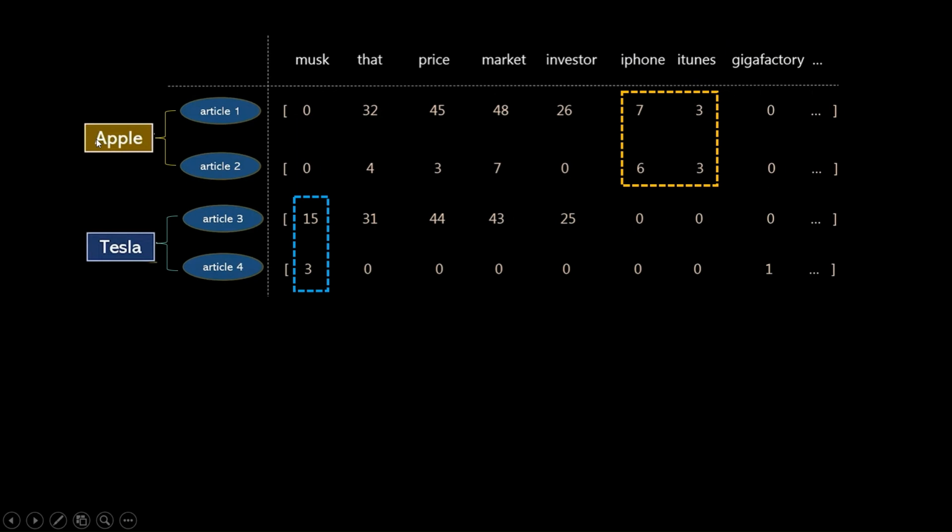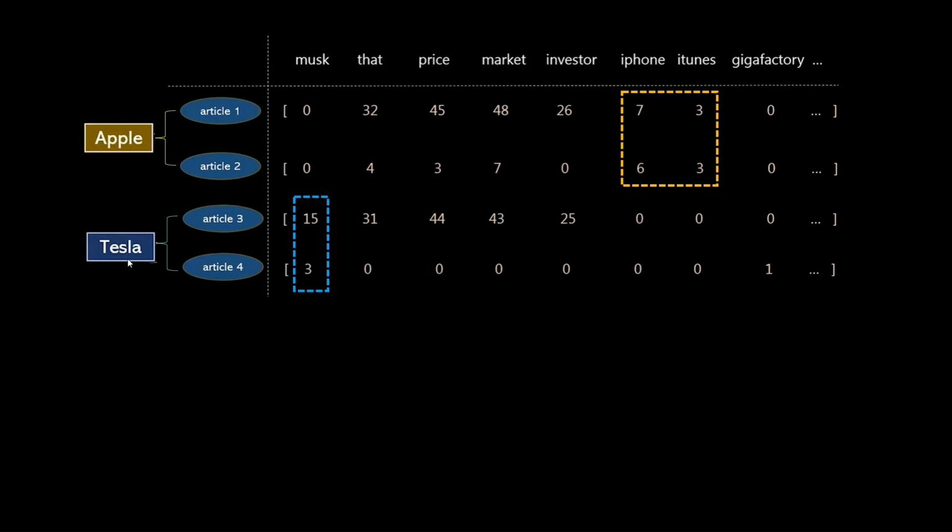Looking at the attribute values of these two vectors, we can say these are Apple company articles. Looking at the Musk column, where some values are presented, we can say this is Elon Musk, related to the company Tesla. And these two articles, 3 and 4, belong to the company Tesla. Some classification can be done.